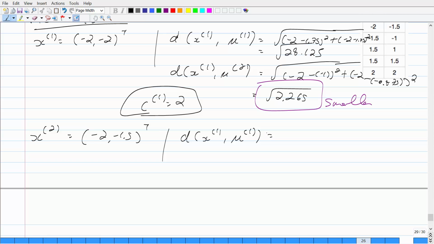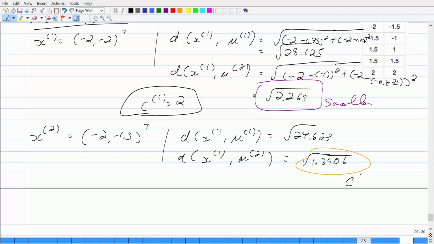When you do this one, this is equal to square root 24.625. When you calculate the distance to the second centroid, we get 1.3906. Obviously this one is smaller, so this means that the membership for the second example is equal to cluster number 2.